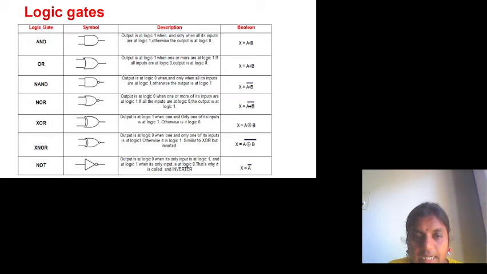That is the NAND gate. Next, coming to the NOR operation, here it is a NOT of the OR operation, that is A plus B whole bar, where the output is at logic 0 when one or more of its inputs are at logic 1. If all the inputs are at logic 0, then the output is simply logic 1.